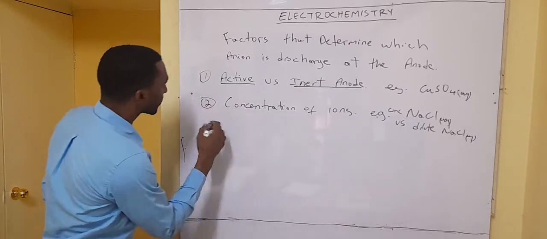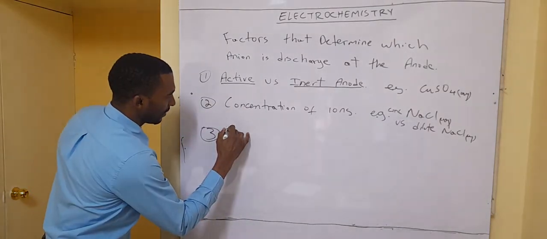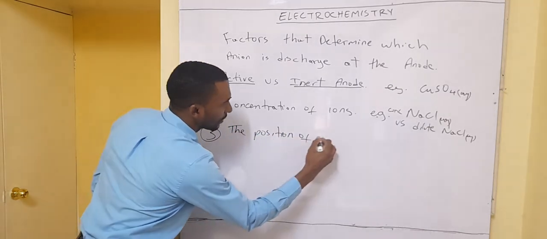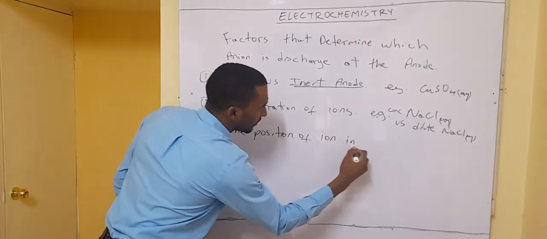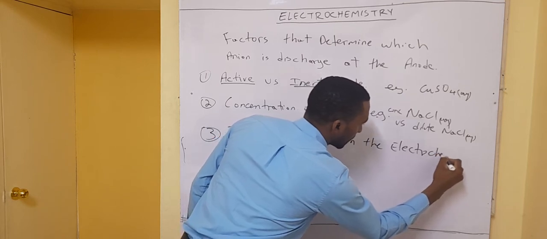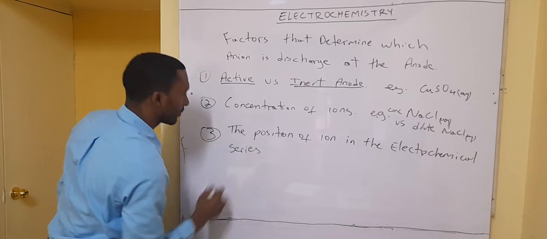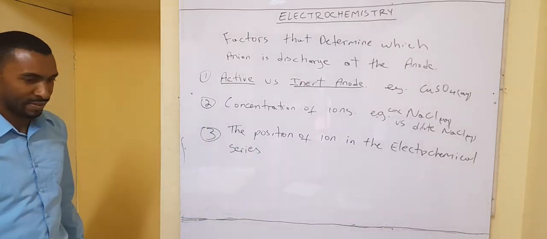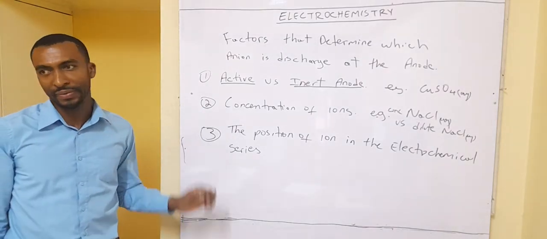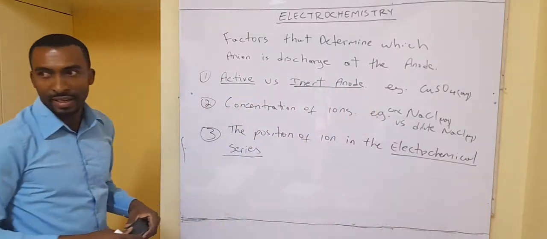Then the third factor is the position of the ion in the electrochemical series. I'm going to draw the series here for the anions and for the cations, but just take this from the board. So let us look at the electrochemical series for both cations and anions.